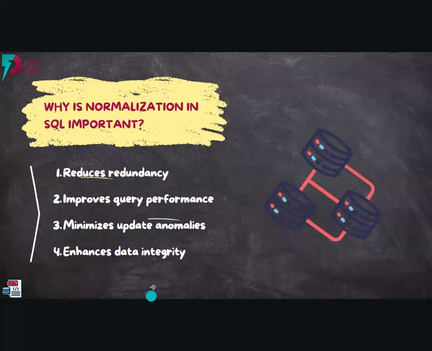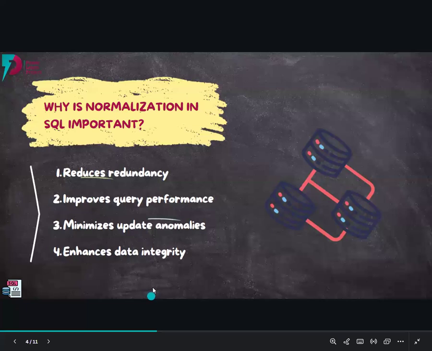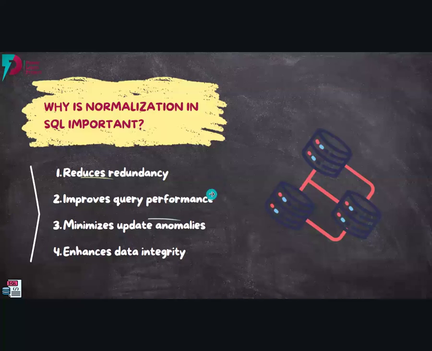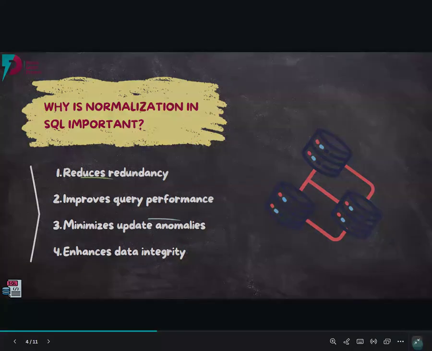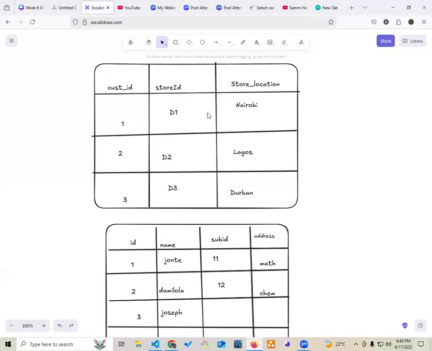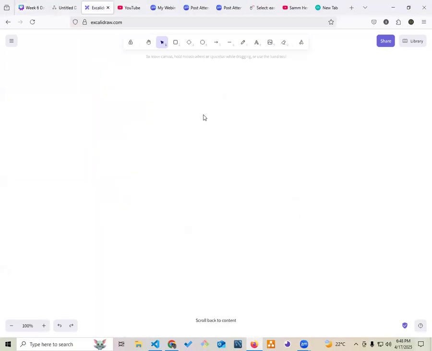We're also going to improve query performance. We're also going to minimize update anomalies and another key advantage is enhanced data integrity. If you could allow me to switch from my presentation slide and go to Excalidraw. So I still have the tables that I was using this morning, but I'll draw new ones.